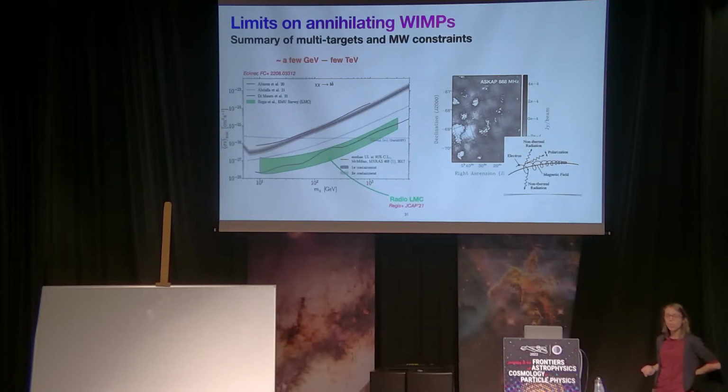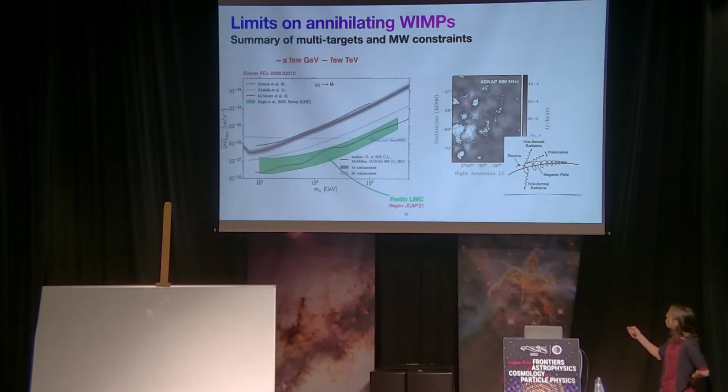The Large Magellanic Cloud is one of the closest galaxies. You want to look for astrophysical emission from the gas in the Large Magellanic Cloud. On top of it, you also expect dark matter in the Magellanic Cloud to produce, for example, electrons. Those electrons would fill the magnetic field of the Magellanic Cloud itself and would then radiate non-thermal synchrotron emission.